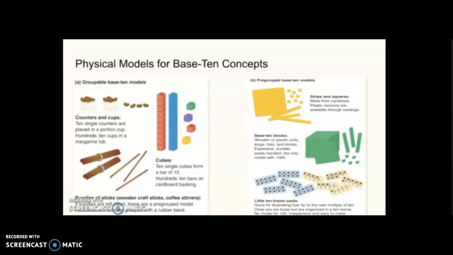Here we have 2 group models that reflect the relationship of ones, tens, and hundreds. So let's look at the first model, Model A, groupable base 10 models. When students put 10 beans in a cup, the cup of beans literally is the same as the 10 single beans. So this is where we begin to regroup.